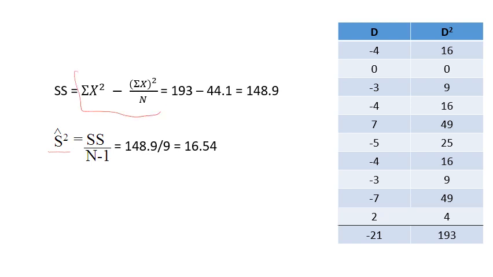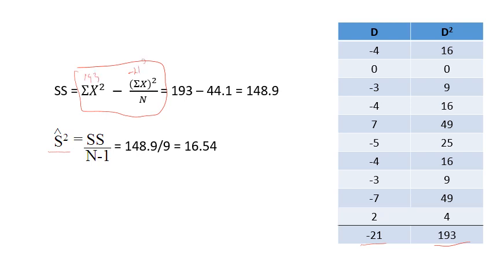Sum of squares, that same thing we calculated a few slides ago, is going to be equal to the sum of x squared, which here is differences now, since our x's are differences, 193. So it's going to be 193 minus negative 21. So this will be negative 21, 193.